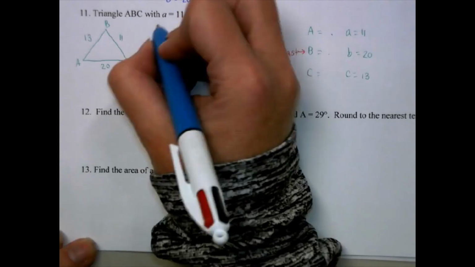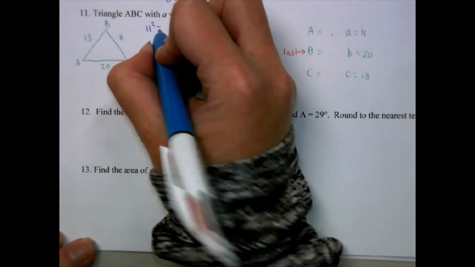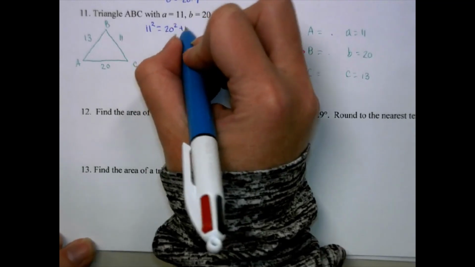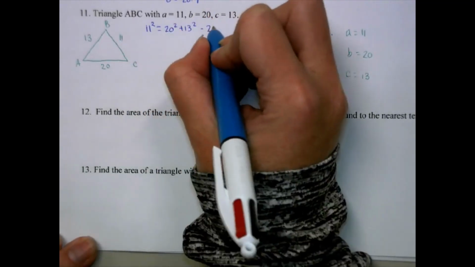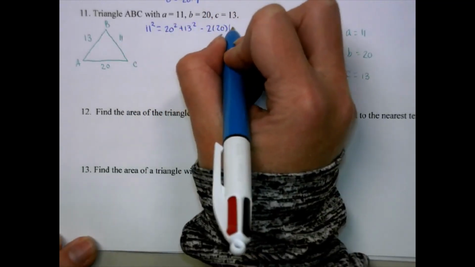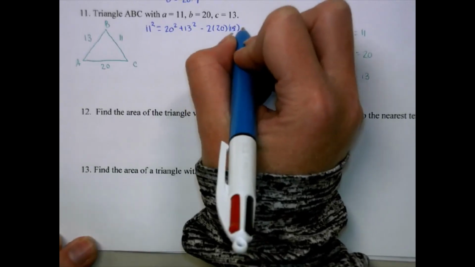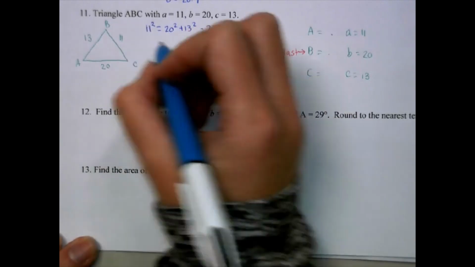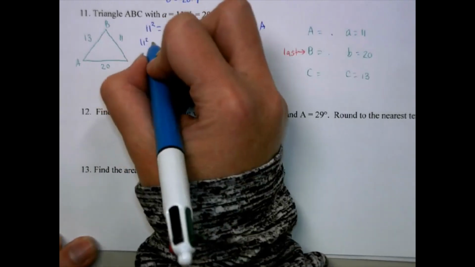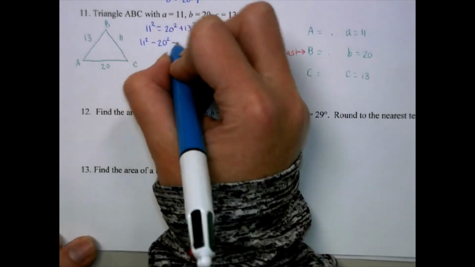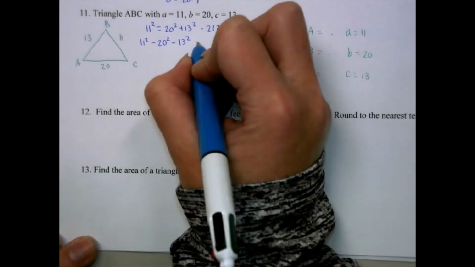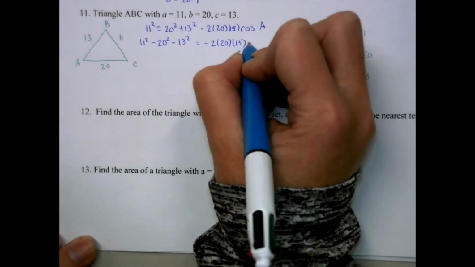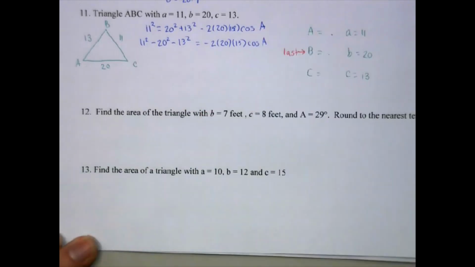So if I'm using law of cosines to solve for A, 11 squared is going to equal 20 squared plus 13 squared minus 2 times 20 times 13 cosine A. When I solve, 11 squared minus 20 squared minus 13 squared. Okay, then we're going to divide.